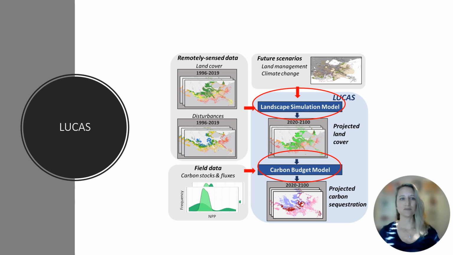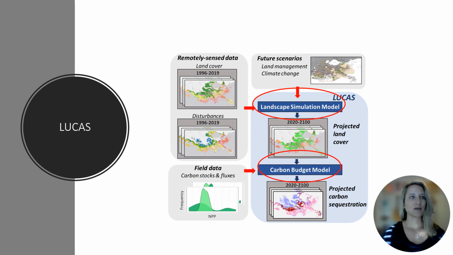The LUCAS model is made up of two main submodels that are integrated within SyncroSim, and those include a landscape simulation model, or STSIM, and then the carbon budget model, which is also called a carbon stock flow model, so that changes in land cover are associated with changes in carbon sequestration.